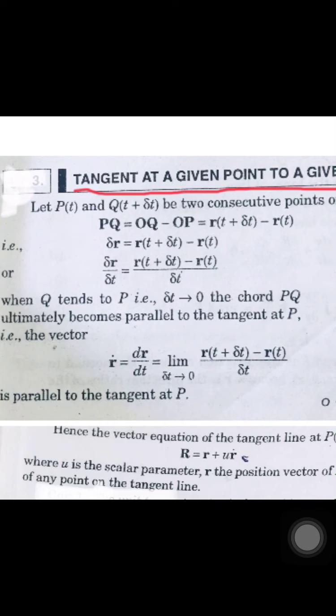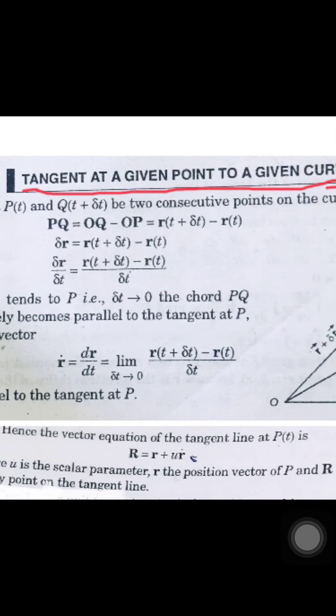As you have seen in the Cartesian system, y equals mx plus c is the equation of a tangent line, where m is the slope. Similarly here, r dot is parallel to the tangent at P. So how do we write the vector equation of the tangent line at P?